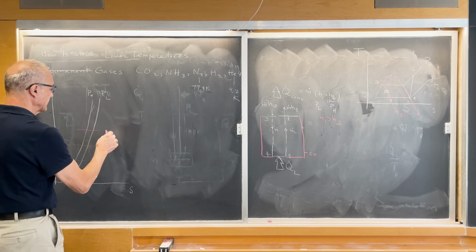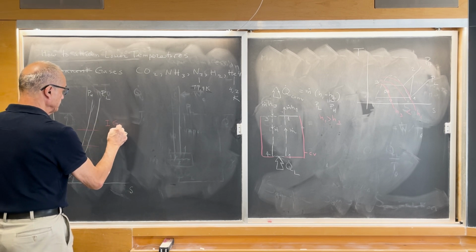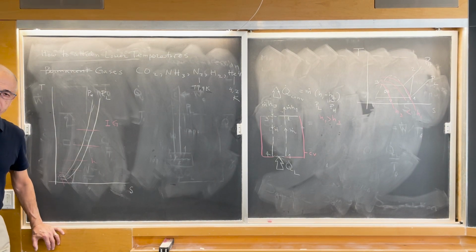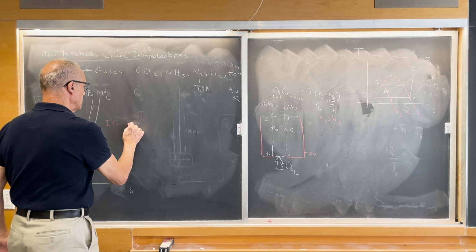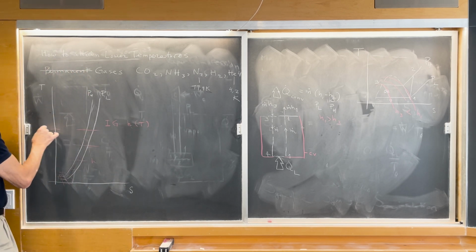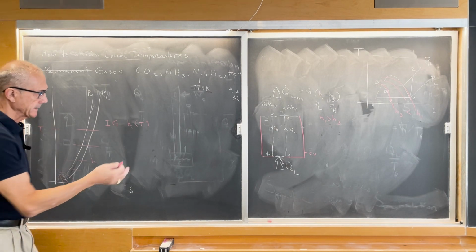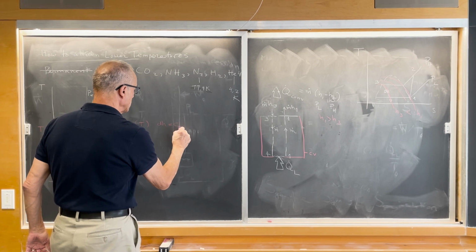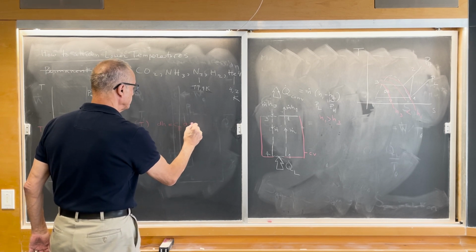Why? Because ideal gas behavior is demonstrably represented by enthalpy as a function of temperature only. We write it as dH equals Cp dT.